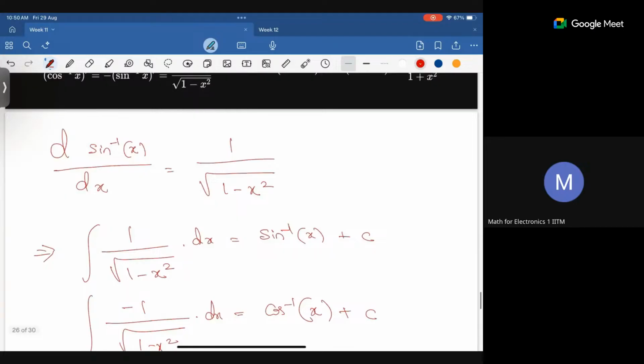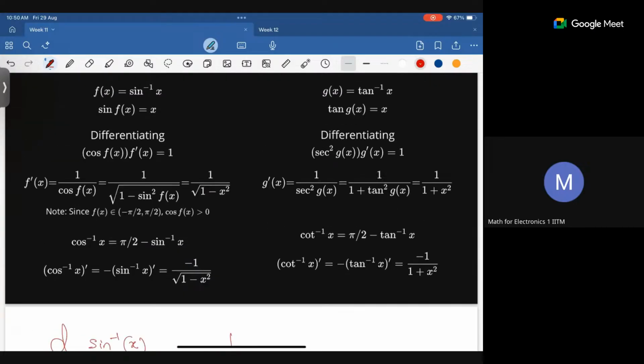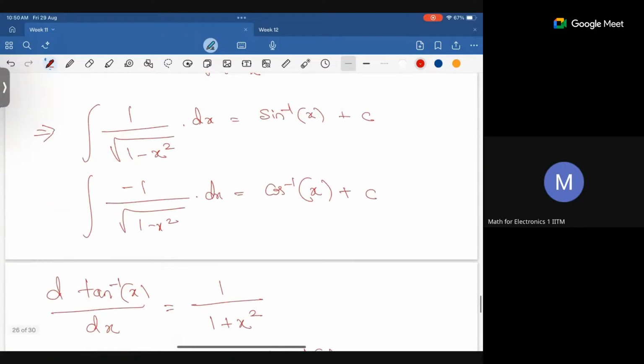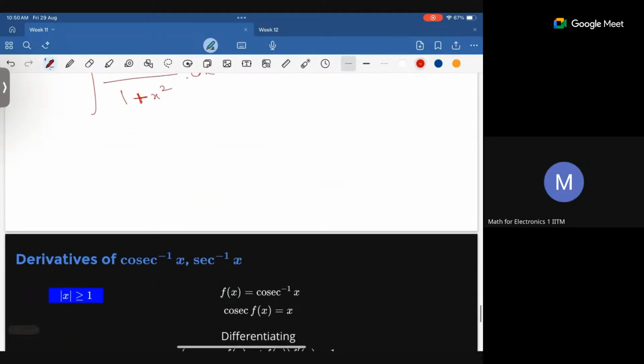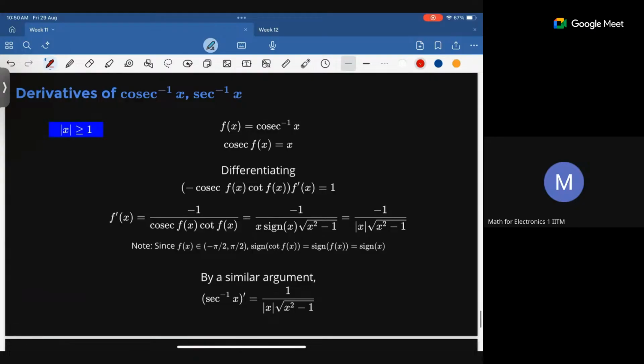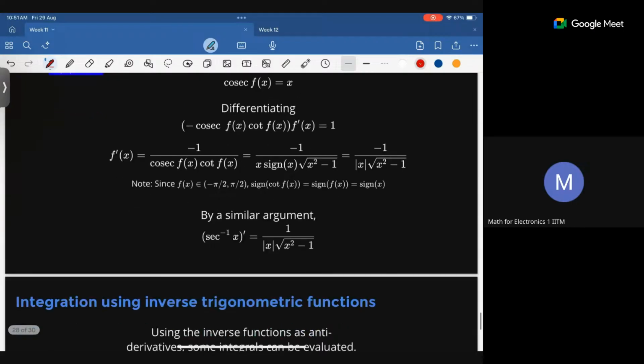Right. So similarly for cot inverse also, it is minus 1 by 1 plus x square. Okay, so it's not only about knowing the derivatives, you should also know how to use them, right? So in some way you can use them in the integrals also, and the derivatives of cosecant inverse x and secant inverse x also you can do.